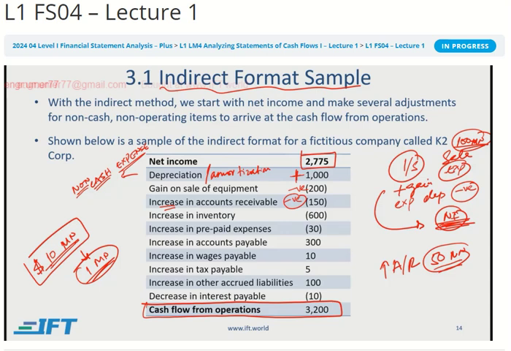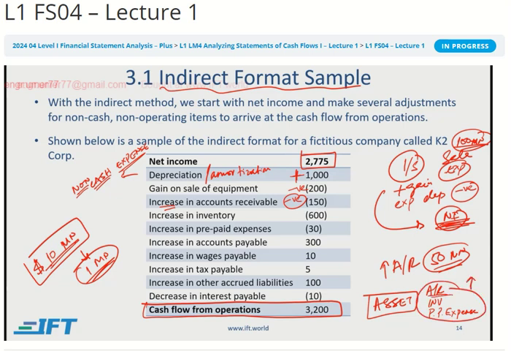Now this is something you have to understand very, very carefully. Any increase in an asset, if that asset is not cash, if it is apart from cash, such as account receivable or inventory, prepaid expenses, all of these are assets, and if they are going up, that means your cash is getting stuck up.